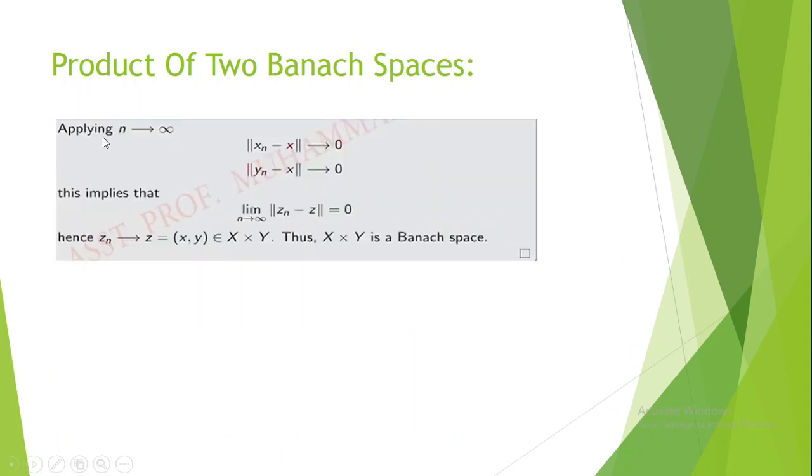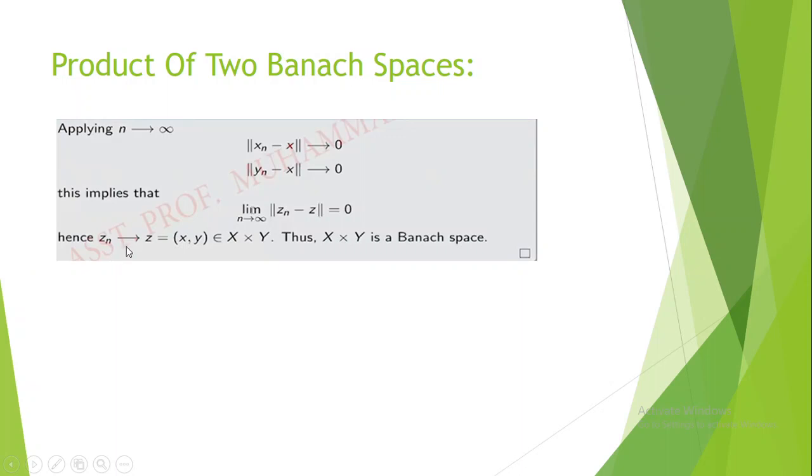Now as n tends to infinity, this norm tends to 0, while this norm also tends to 0. So this implies that the limit, when we apply n tends to infinity, goes to 0.